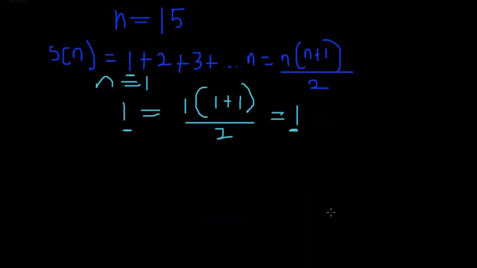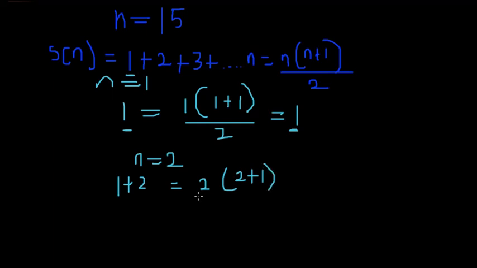We could do the same thing, picking n to be equal to 2. So we have picking two values, that's 1 and 2. We have 1 plus 2, equals this side, 2 open bracket 2 plus 1, divided by 2.